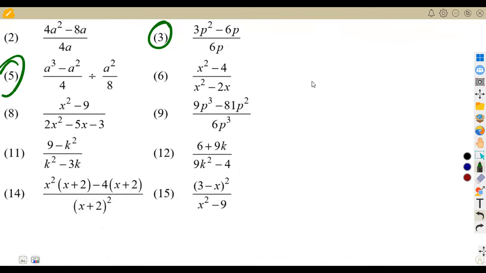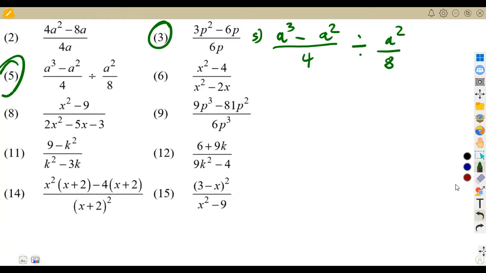Let's see number 5. We've got the same situation, but this one is a division. So this is question number 5: a to the exponent of 3 minus a squared over 4, divided by a to the exponent of 2 over 8. Remember from division of normal fractions, forget that you're in algebra, let's consider normal fractions.